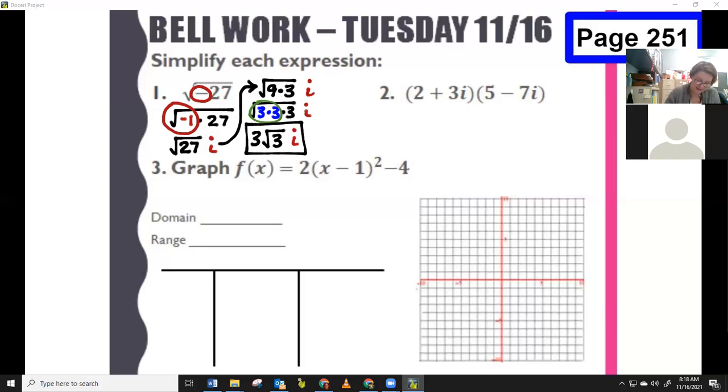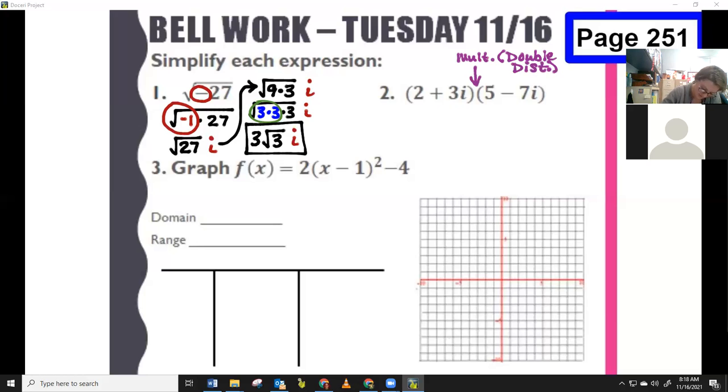Okay. Number 2. Before I can actually do anything in number 2, I need to know what it is that I'm supposed to be doing. What operation? Double distribute. Yes, we're going to use multiplication here. So we will double distribute. Absolutely correct.